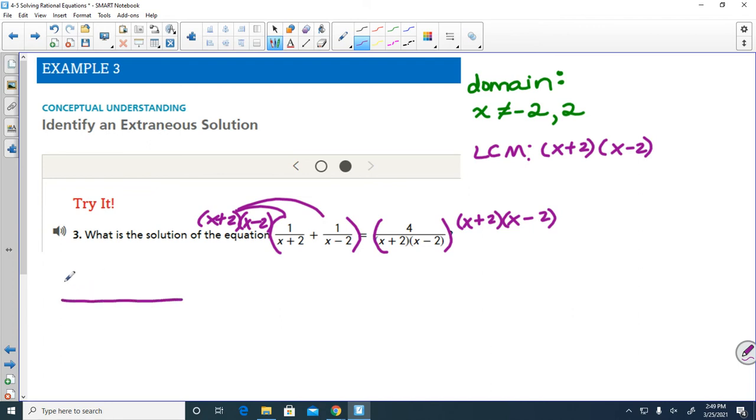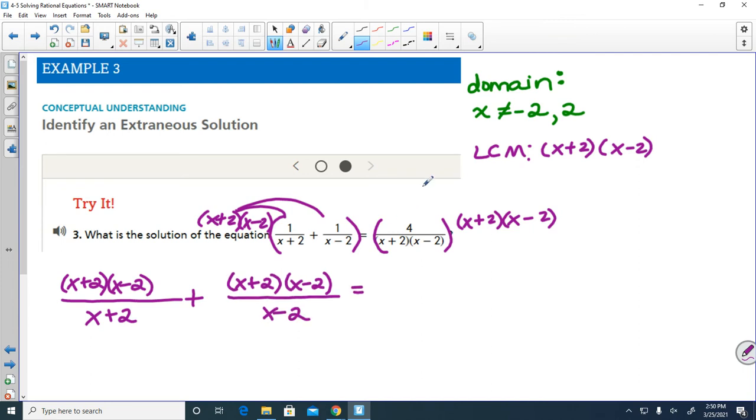So the first fraction is now x plus 2, x minus 2 over x plus 2, plus, when I distribute this product to the second fraction, x plus 2, x minus 2 over x minus 2. And on the right, there's only one term in the numerator, so I'll have 4 times x plus 2, x minus 2, all over x plus 2, x minus 2.